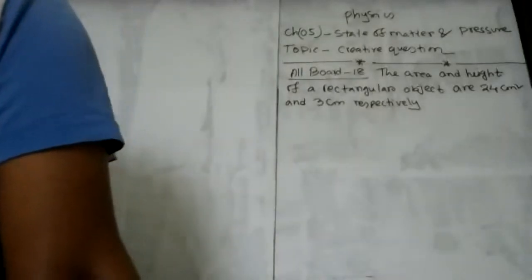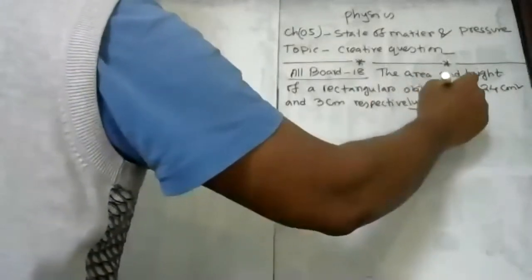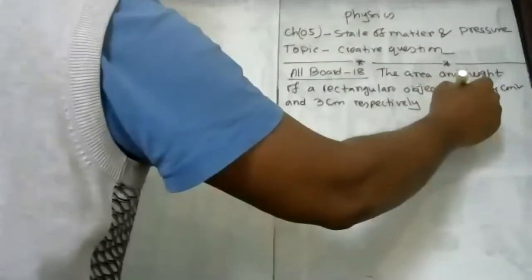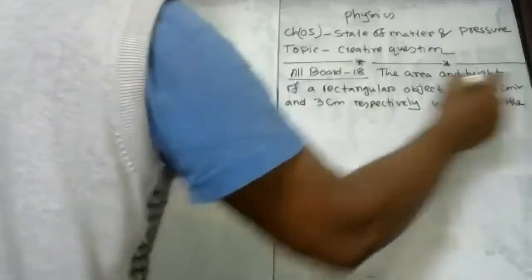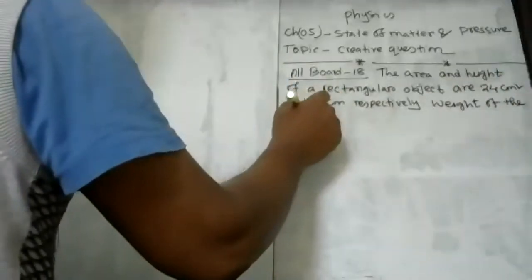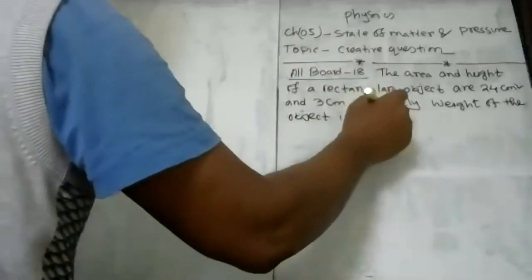The weight of the object in air is 1.4 Newton.